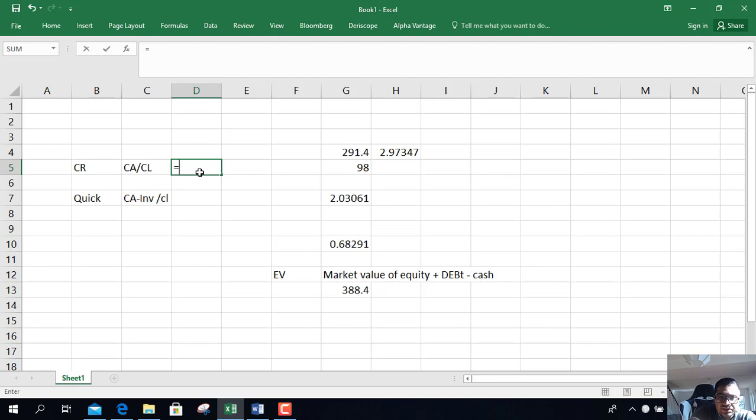So the current ratio will be 76.22 divided by 76.09. That comes to 1.08. It's almost 1.